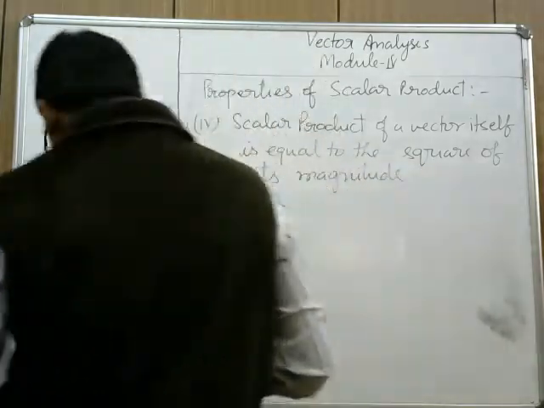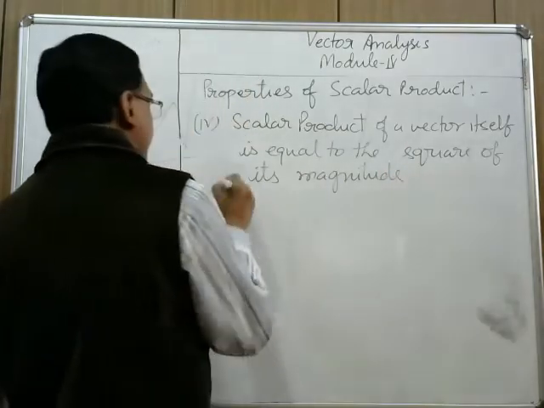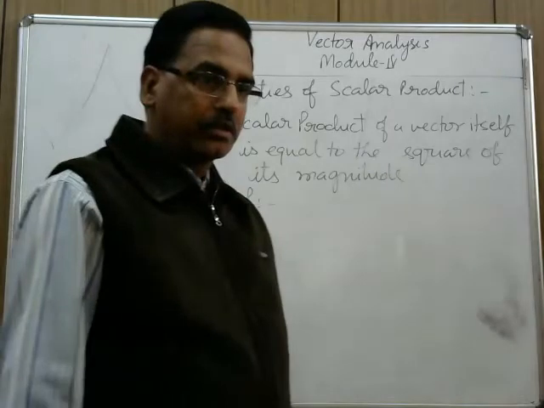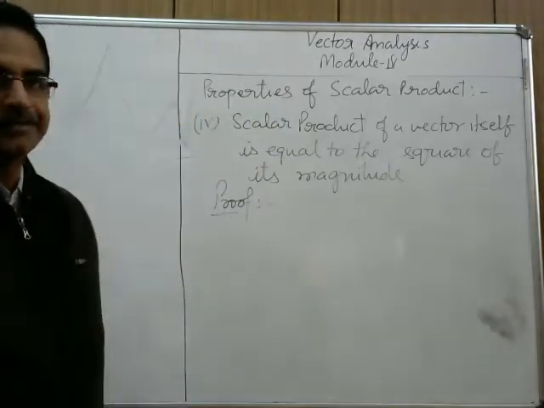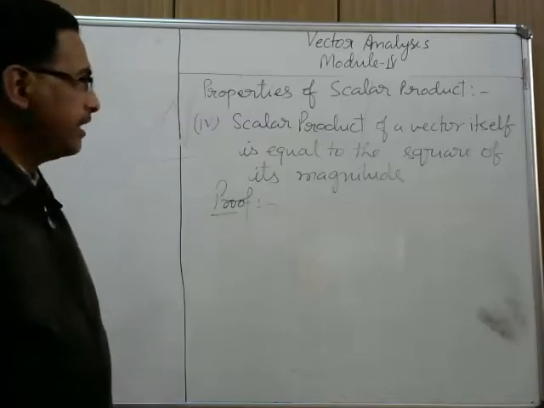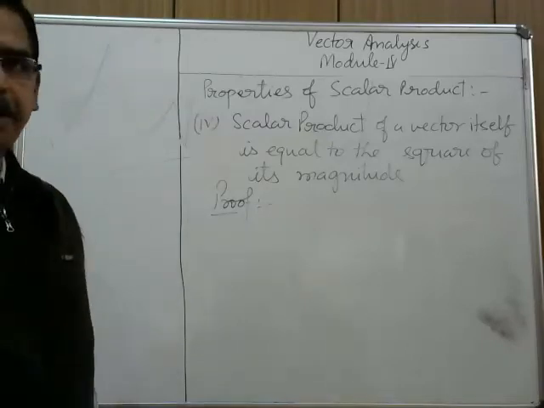Now, proof of this. This is a very important property. A scalar product of a vector with itself is equal to the square of its magnitude.